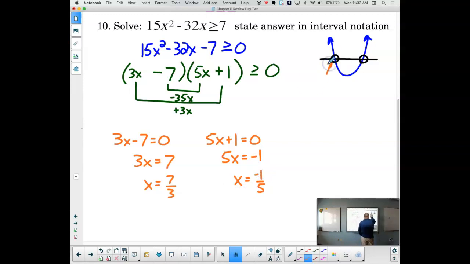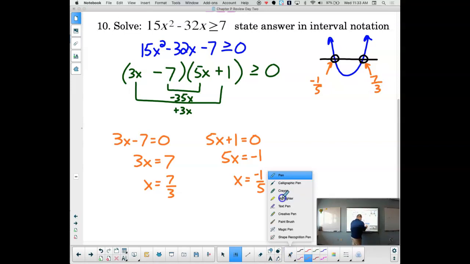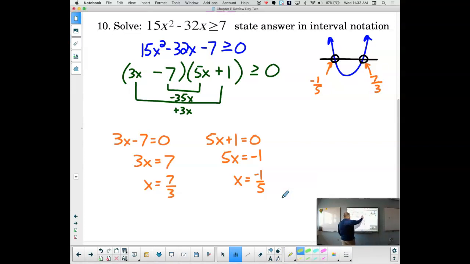So this one would be negative 1/5, and this one would be 7/3. I am looking for where it is above 0. So that would be here and there, those two spots.